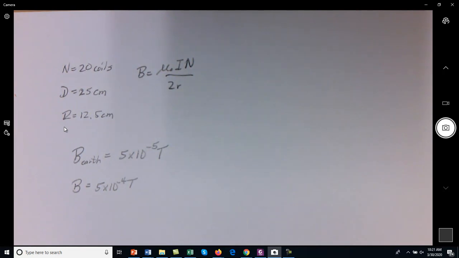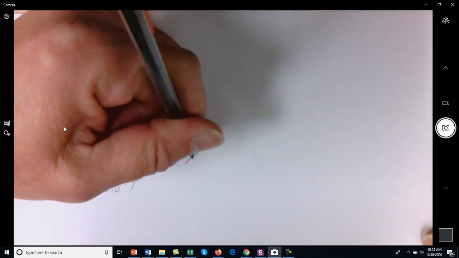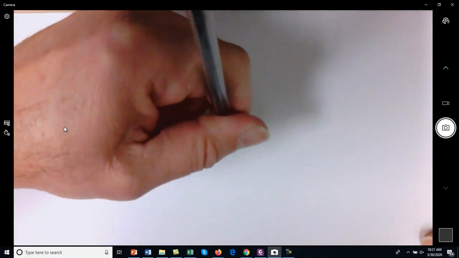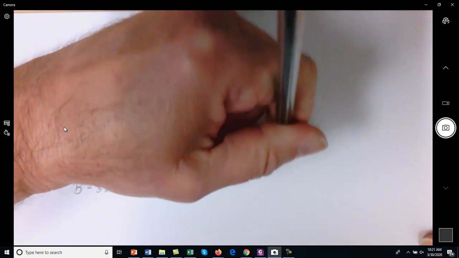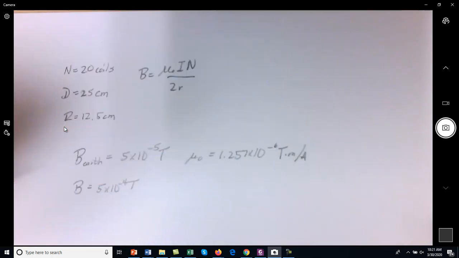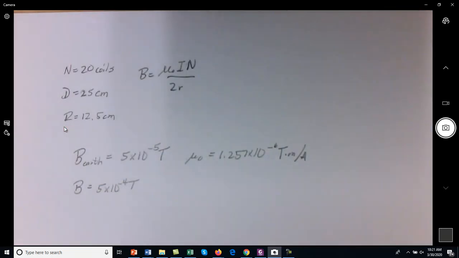So B is 5 times 10 to the negative 4th Tesla. Our permeability constant, mu sub O, is 1.257 times 10 to the negative 6 Tesla meters per amp. Our radius is 12.5 centimeters, and our number of coils is 20.